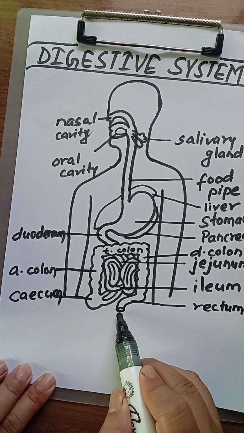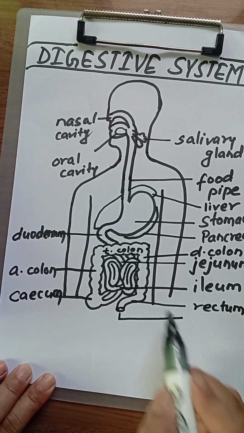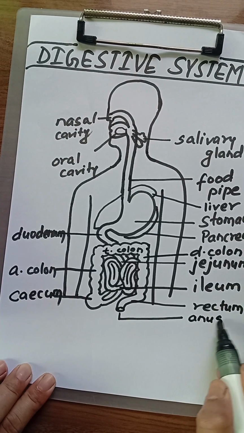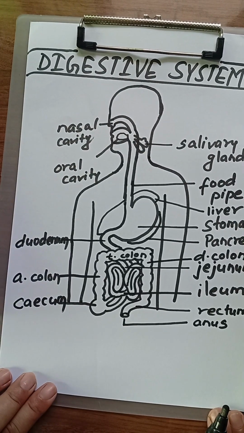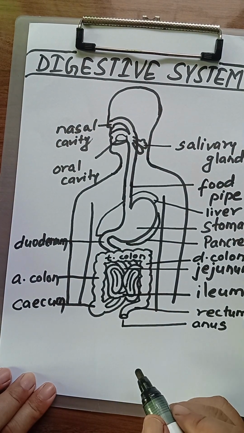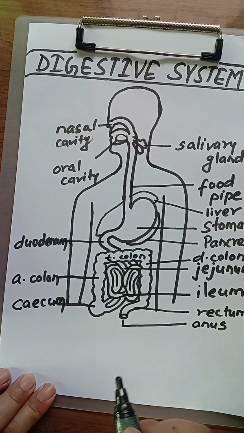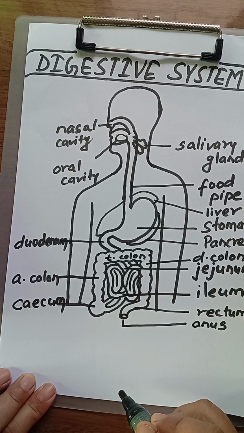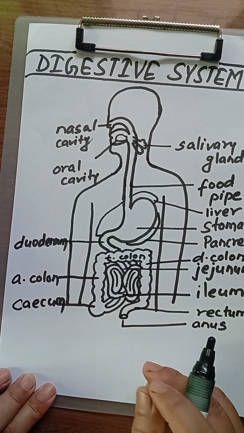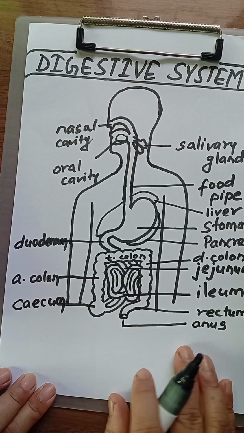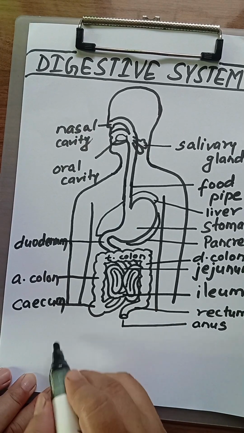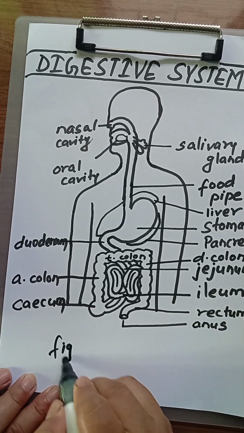And finally the ending point of the alimentary canal is known as anus. This is the complete diagram of the digestive system of man. And the digestive system includes digestive glands, the alimentary canal and the physiology of digestion. And so you can call it the diagram of the alimentary canal.